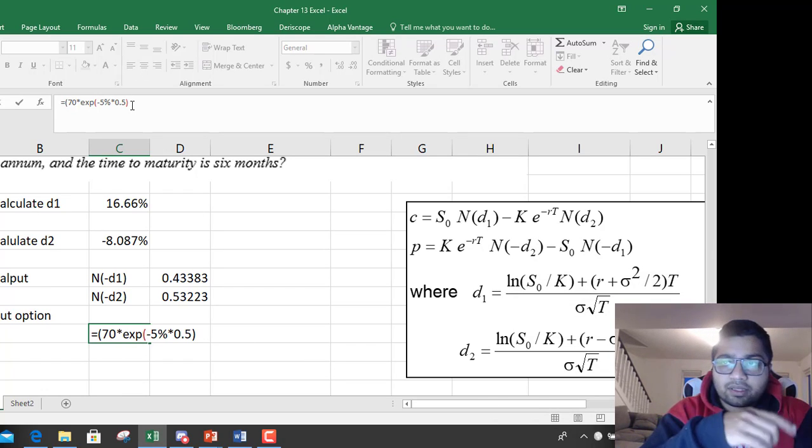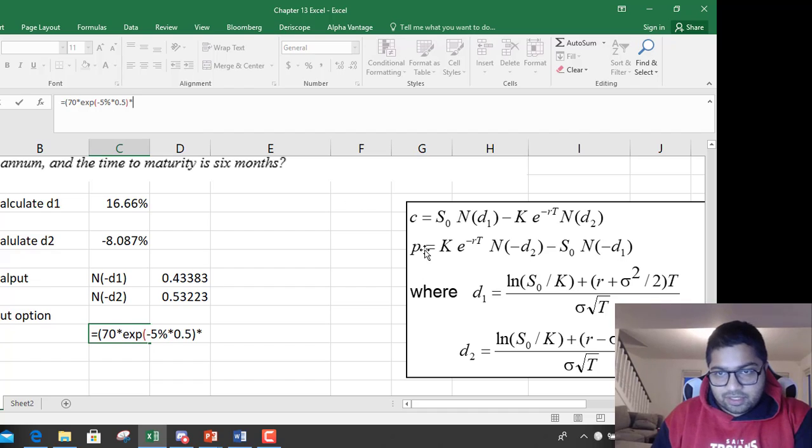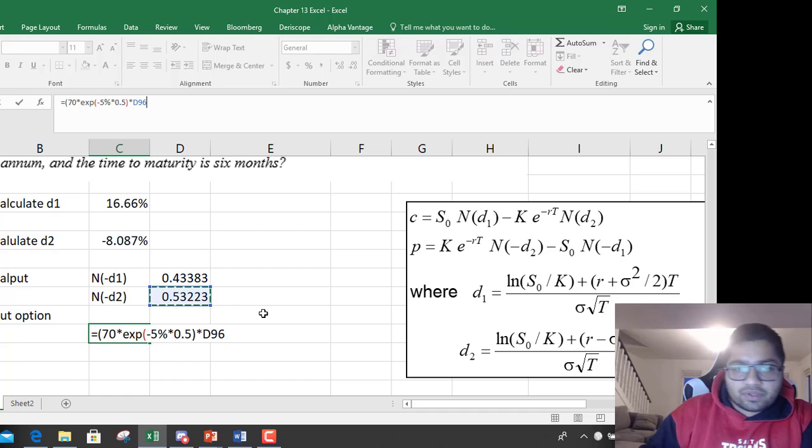Okay, this was the first bracket. So it's K e to the power minus RT, we have done that: K 70 into exponential e to the power minus RT times ND2. This was the first bracket.